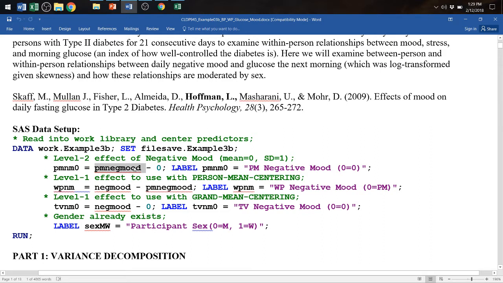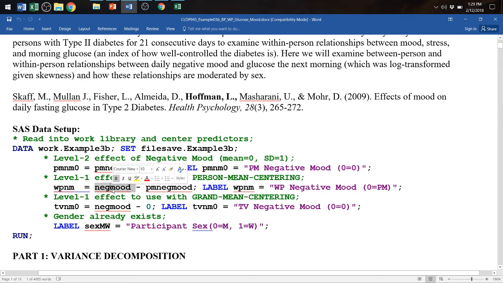So in this data set, the negative affect variable is actually a latent trait score that I created from measurement models separately, and that latent trait was identified such that the mean was already 0. So I didn't have to center, and that's why I have a -0 here as sort of a placeholder for the idea that if your variable doesn't have a meaningful 0, then you're going to want to give it one. So this just reminds us that I have person mean negative mood centered at 0 already as my between person indicator.